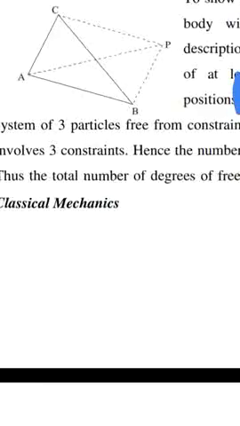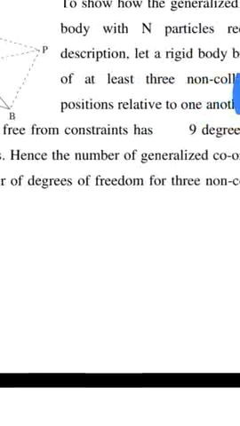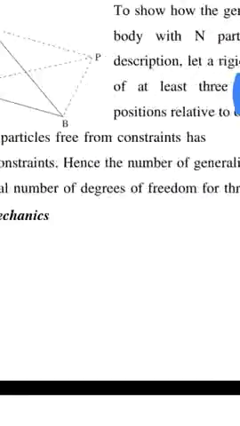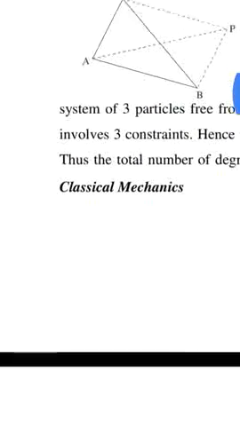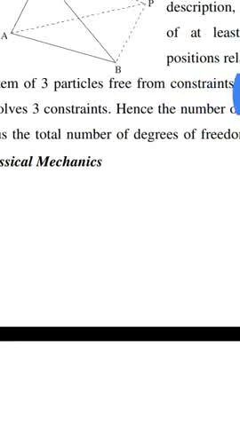Thus, a system of 3 particles free from constraint has 9 degrees of freedom, but there are 3 constraints.